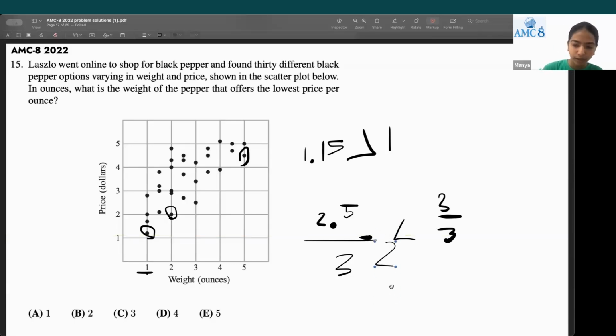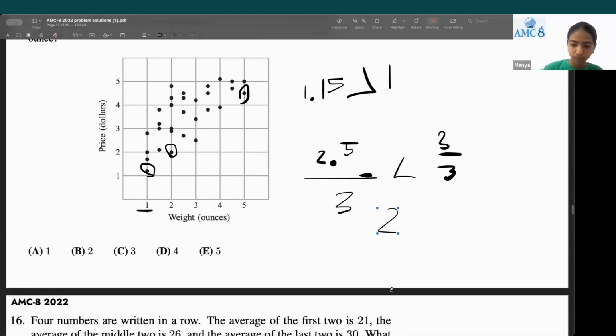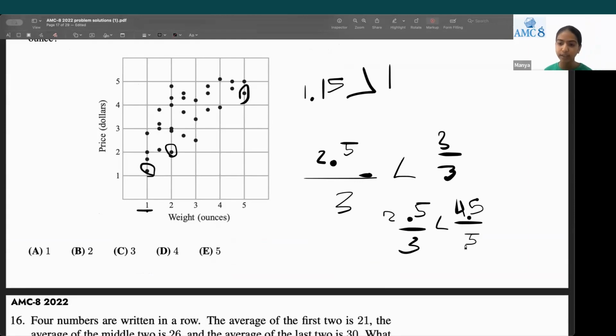So here, I'll write this right here. So we can do 2.5 over 3 looks to be lesser than 4.5 over 5. 25 over 30 is less than 45 over 50.